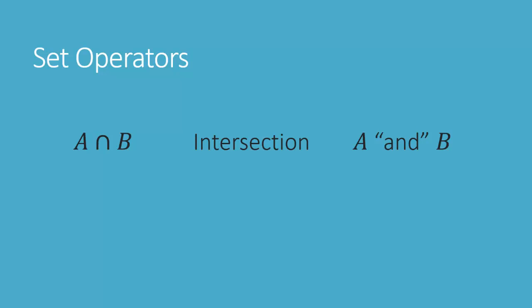The first one is known as the intersection. So if you have a set A and a set B, the intersection, which is defined by this little upside down U right here, is known as saying A and B. A great way to remember it, and at least I always remember it, is that if you draw a line through the center of it like this, it looks like an A. So you think of A and B. What that means is A intersect B, or A and B, is the set of numbers that are in both.